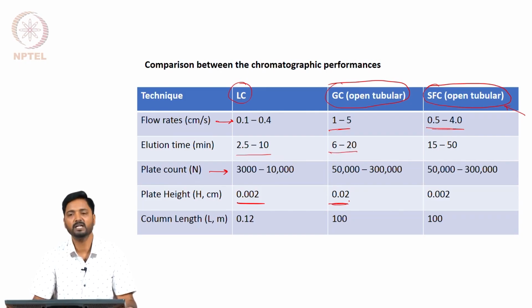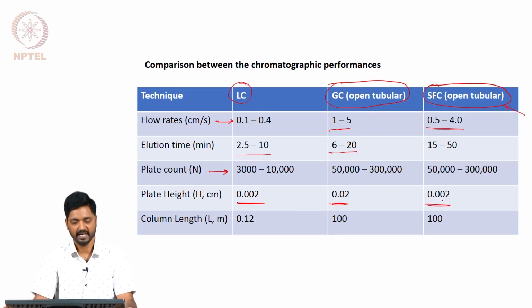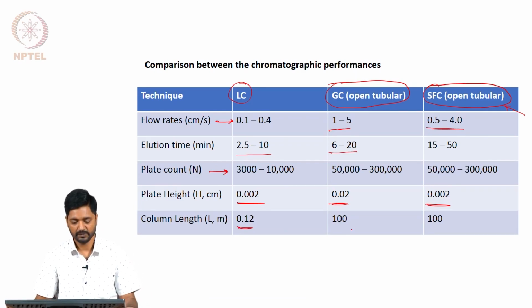And finally, in supercritical fluid chromatography, enhanced solvation of the analyte results in much lower plate heights and hence very efficient separations. The column length again is listed here. It is the smallest for the liquid chromatography system, and the columns can be really long in the case of both gas chromatography and supercritical fluid chromatography.